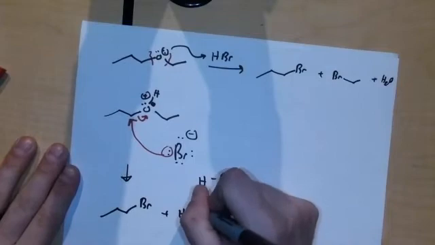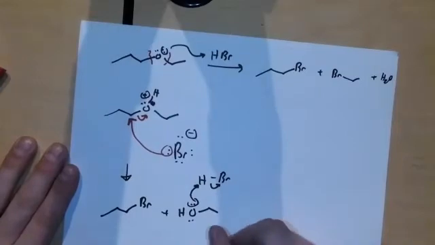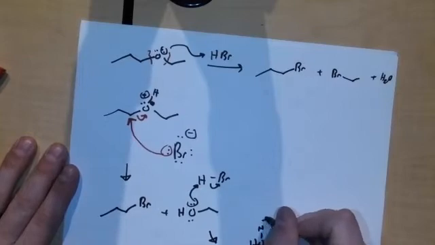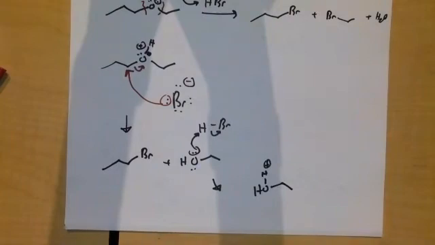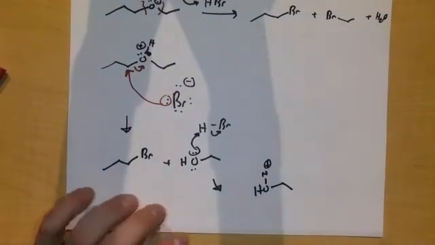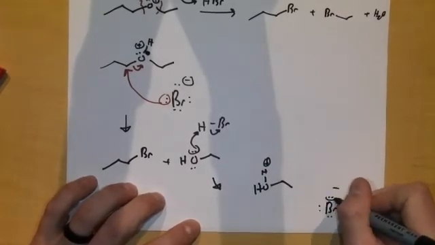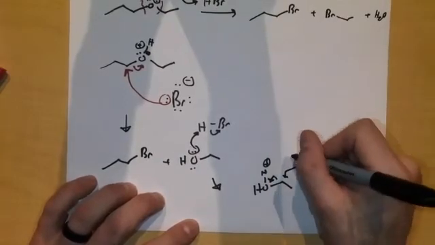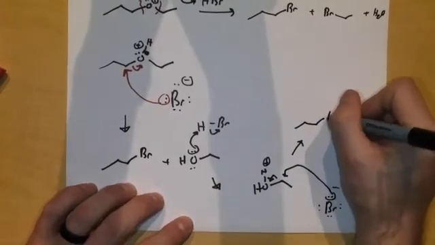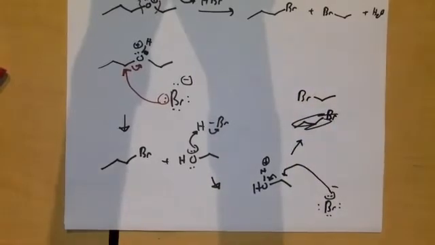So we can pick up a proton again. And this can either leave on its own and go through an SN1 mechanism, or I'm going to draw it as an SN2 mechanism, where Br comes in and kicks out water, to give us our ethyl bromide.